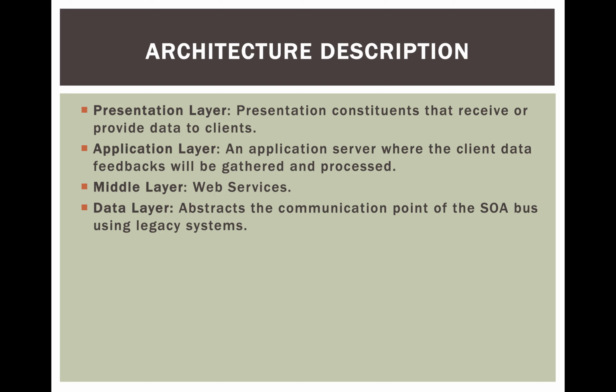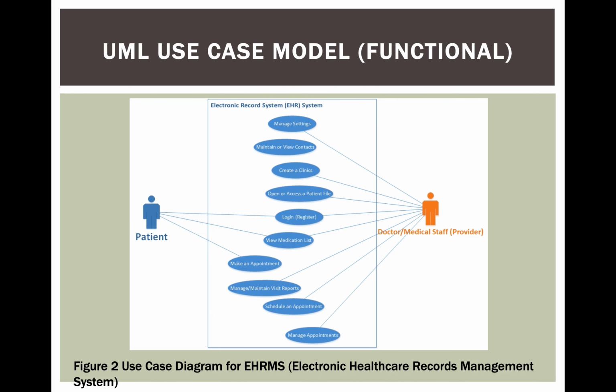In the application layer, we have an application server where the client's data feedback will be gathered and processed, and the middle layer involves web services, and the data layer is where we abstract the communication point of the SOA bus using legacy systems, which means that all the data, whatever patients or users entered, will be stored in the data layer, and we can retrieve that data whenever the user, like a patient or doctor, wants to access the data.